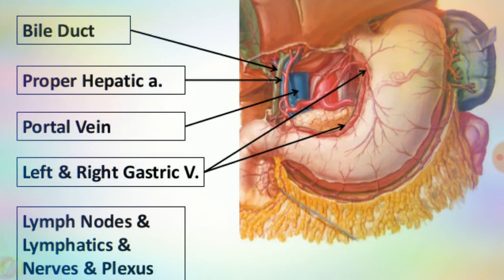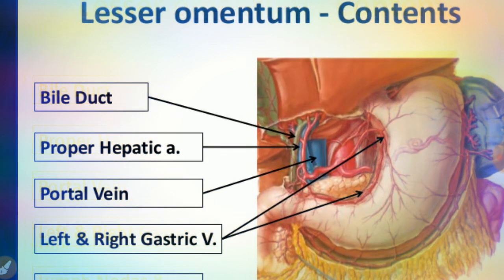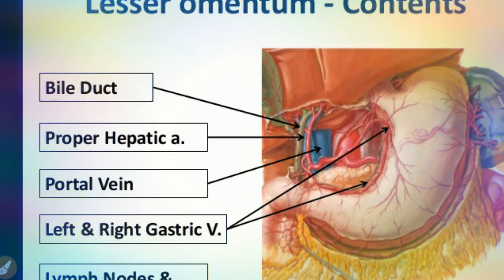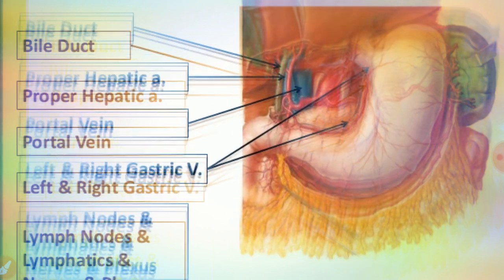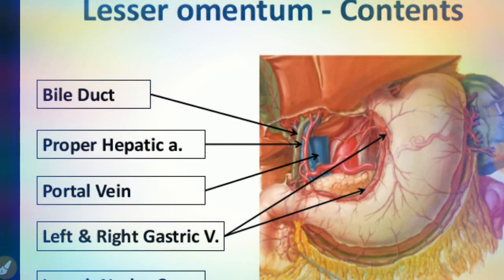These all are the 5 types of contents which come under the lesser omentum.